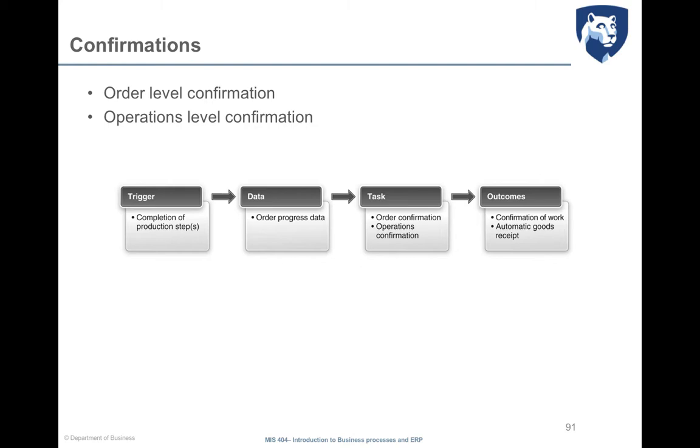When the finished goods have been produced, the person responsible for the production order completes the work records by confirming that the work has been completed in the production system, and this is registered in the ERP system. So we can say that a confirmation indicates how much work was completed, where it was completed, so in which work center, and the person responsible for this completion.